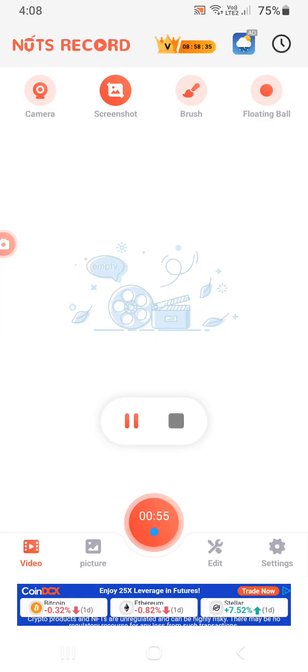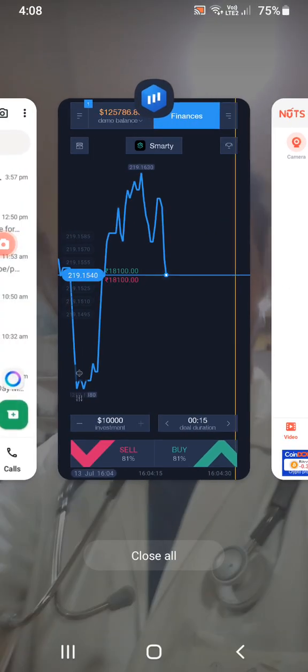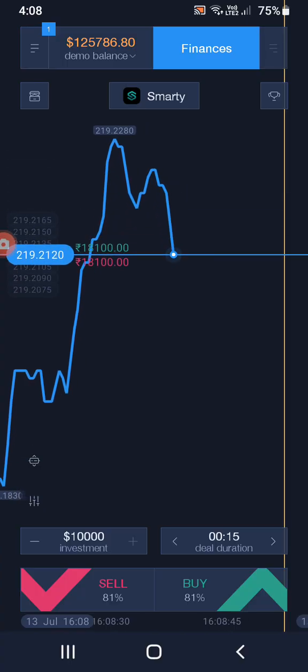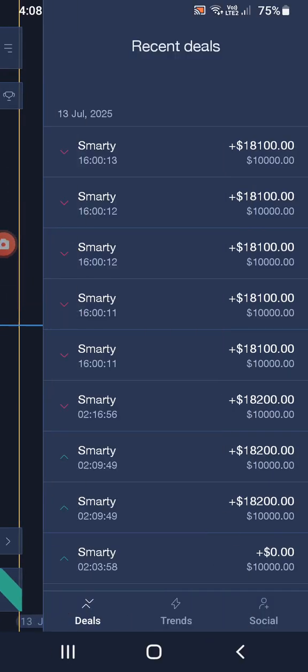So let's get started. I'm just opening my Expert Options app, and let's see how it goes. Here it is, the Expert Options app. Right now you see I placed a few random trades, and all of these have been done using the reverse strategy.